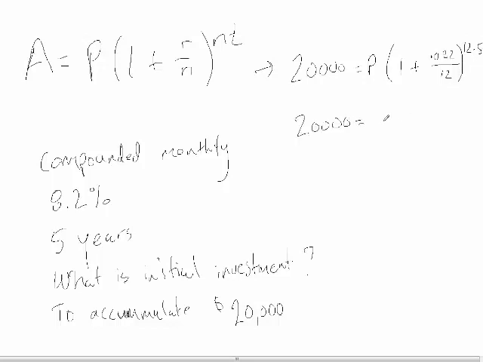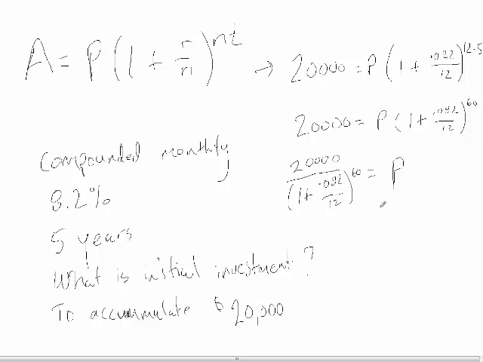We solve this: 1 plus 0.082 divided by 12, to the 60th, and our principal for that initial investment is calculated that way.